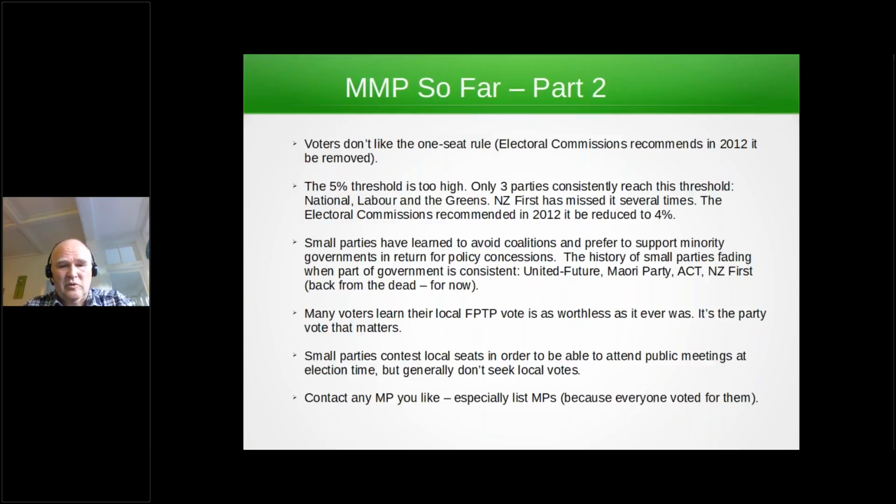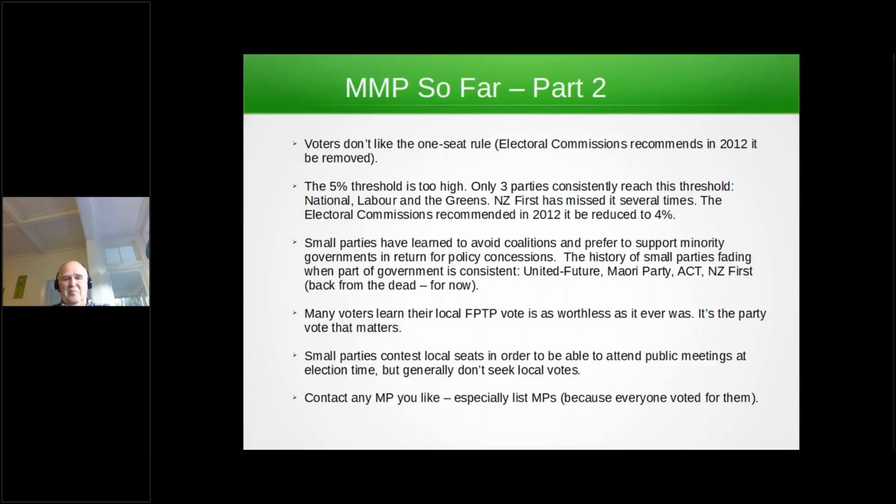Small parties contest local seats mainly in order to attend public meetings at election time, because some people holding public meetings won't let you attend if you're not a local candidate. So they're on the roll, but they basically say, don't vote for me, vote for the party, but support this other party locally, hoping to do the old strategic thing locally.